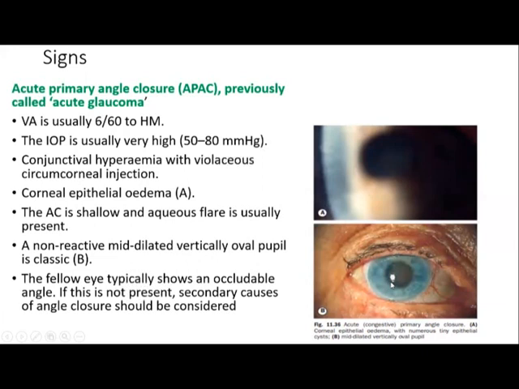The anterior chamber is shallow and aqueous flare is usually present. The pupil is non-reactive, maybe mid-dilated, and this finding is classic. The fellow eye typically shows an occludable angle. If this is not present, secondary causes of angle closure should be considered.